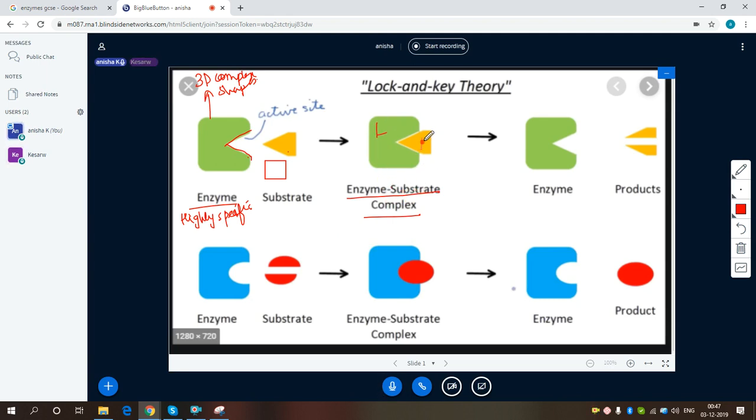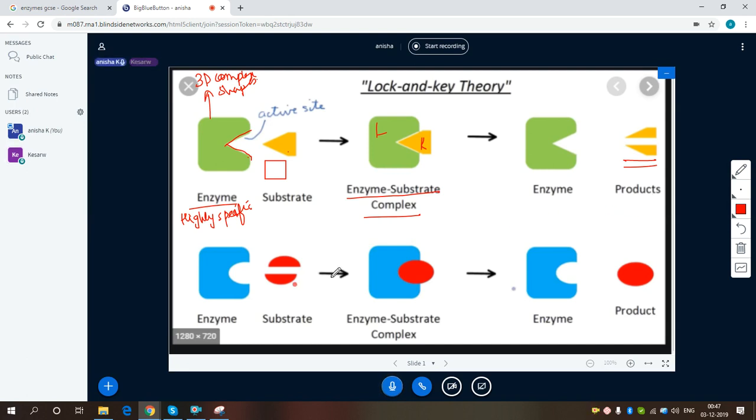So now if this is the lock and this is the key part, they fit in it. Once after it, the enzyme is unchanged and they release the substrates. That means the products are now released. The substrate has now transformed itself into a product. Okay? You understand this concept?